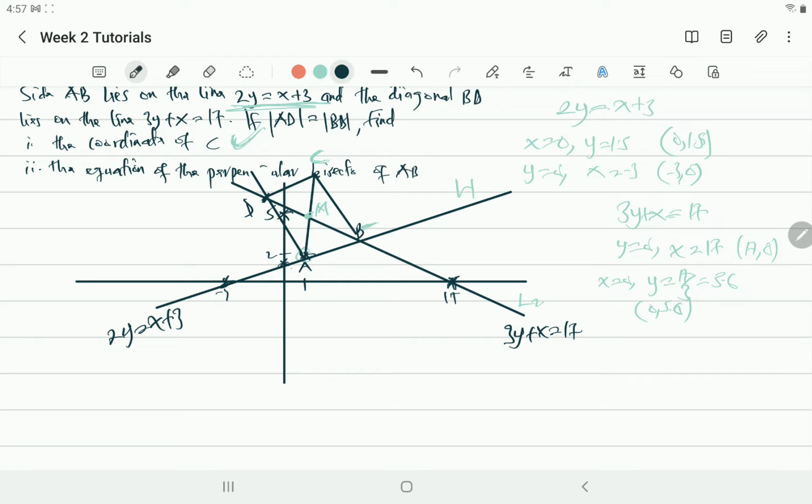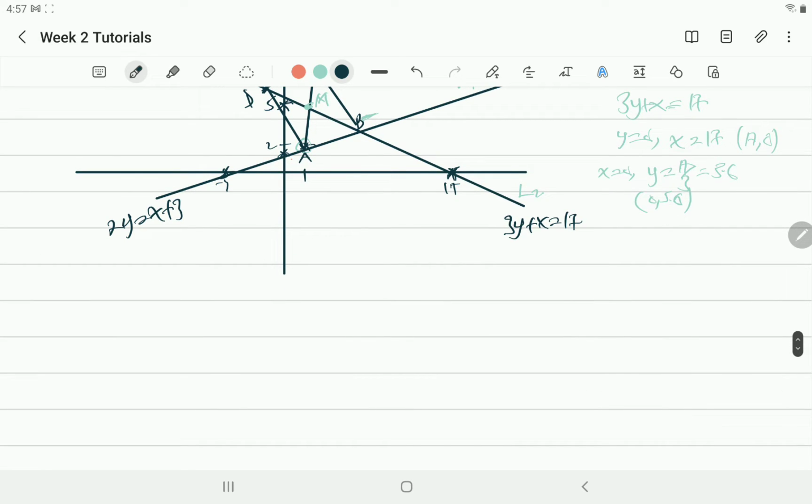So let's quickly delve into solving for B. So we have that. So we solve for B by solving L1 and L2 simultaneously, right?